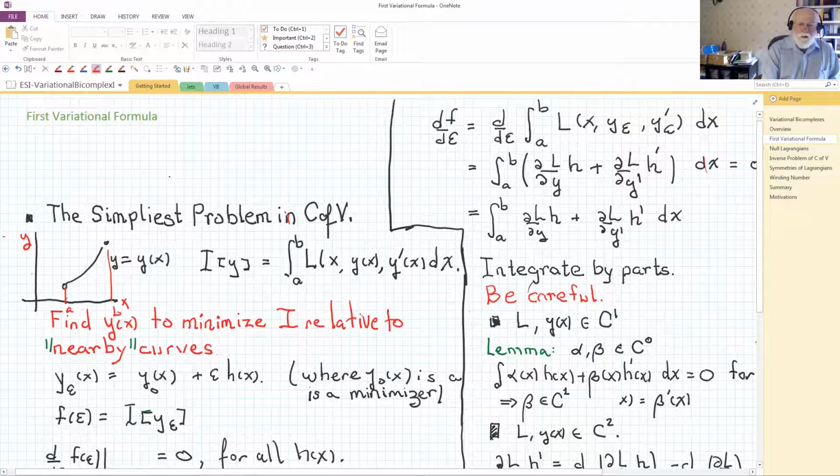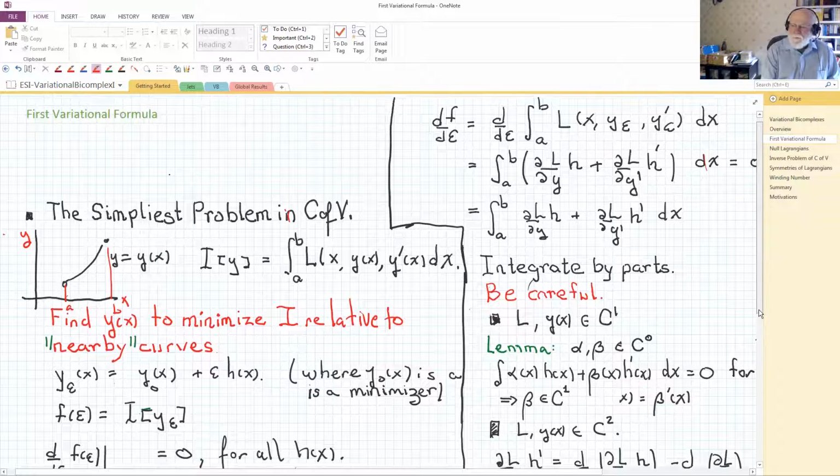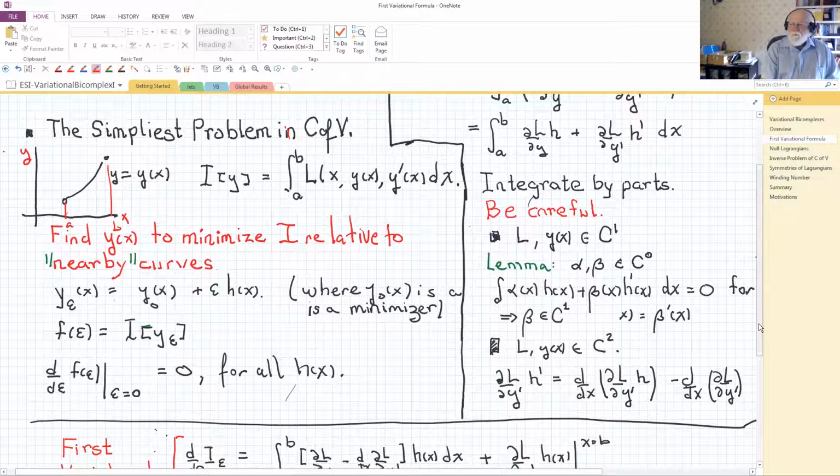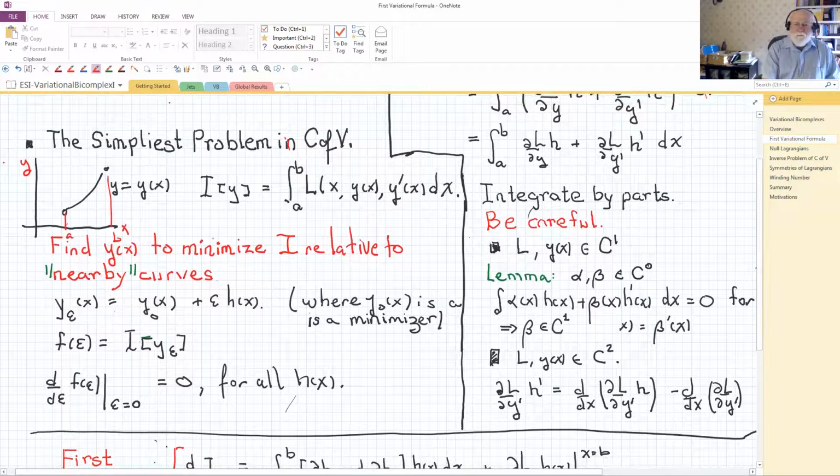I said nearby because exactly what that means might depend upon what function space you set up in order to study this problem. That's not going to be of interest to us. What's of interest to us is how you begin to solve this problem. The first thing you do is pick another curve h, and I'm just going to draw it like this.